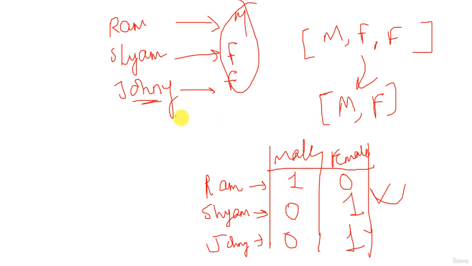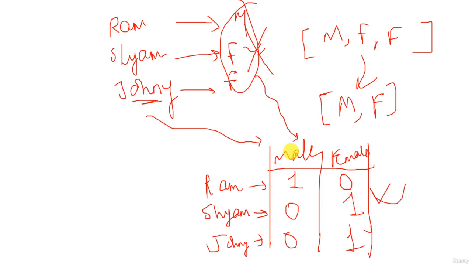Now if you do not perform these types of encoding techniques, then maybe some machine learning models cannot use these categorical variables. They are not able to use these categorical variables. So rather than incorporating these categorical variables into the model, you need to completely remove them if you do not encode them into some numerical format.